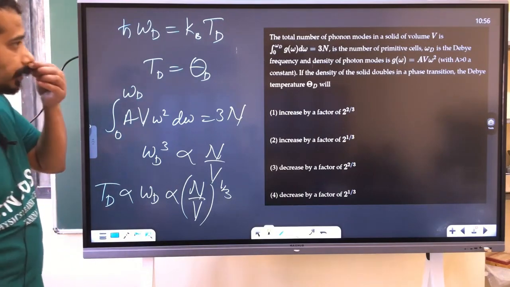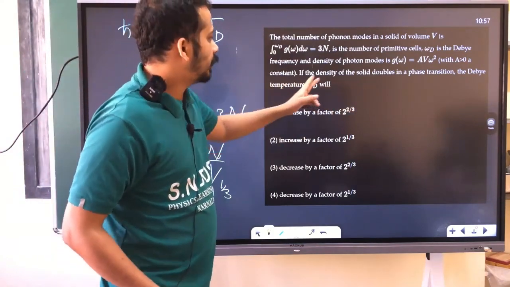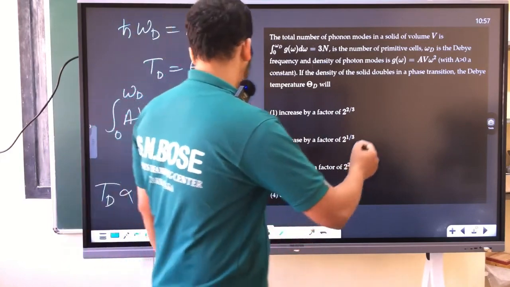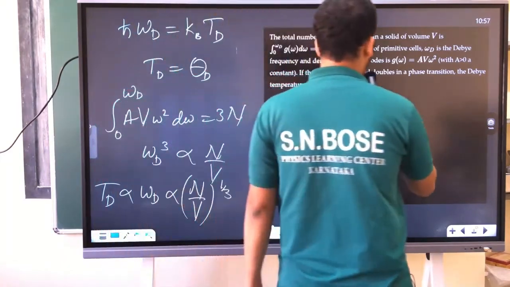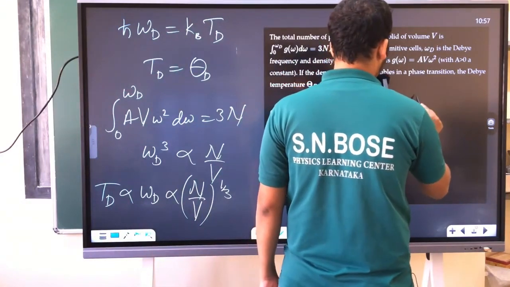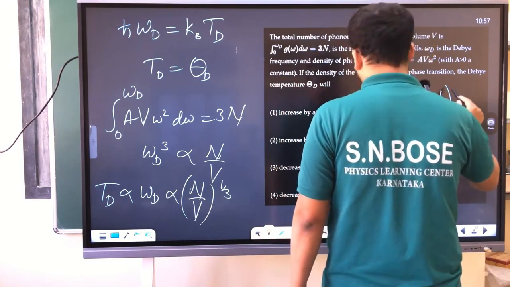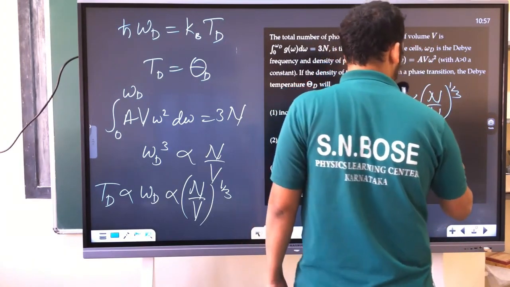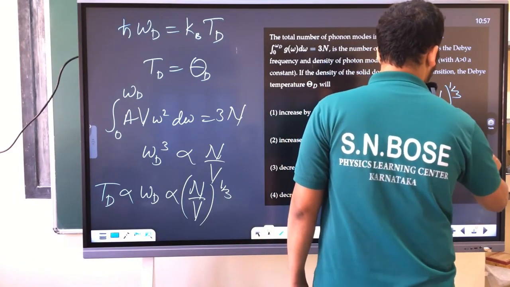Now in some phase transition, the density of the solid is doubled. If density is doubled, I'll write T D1 proportional to N by V whole power 1 by 3.